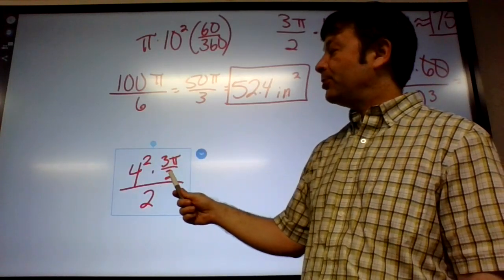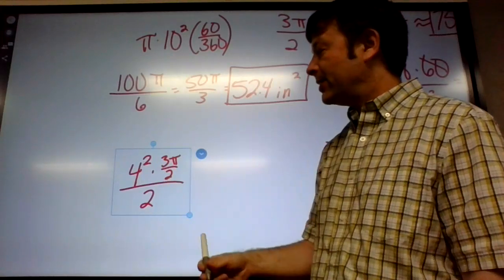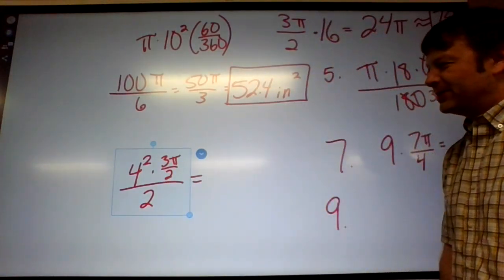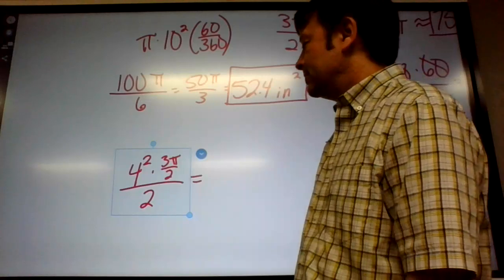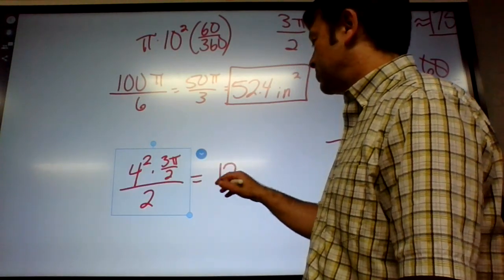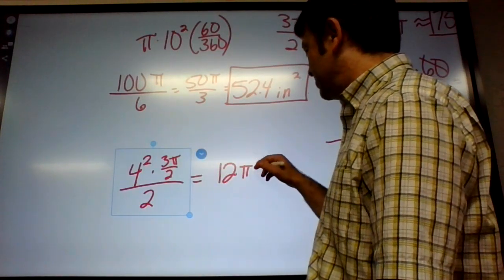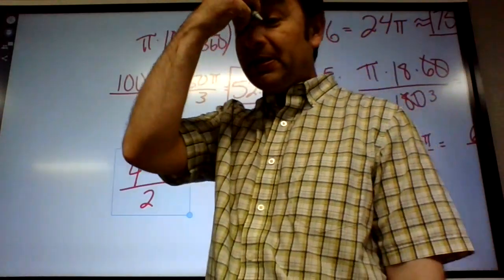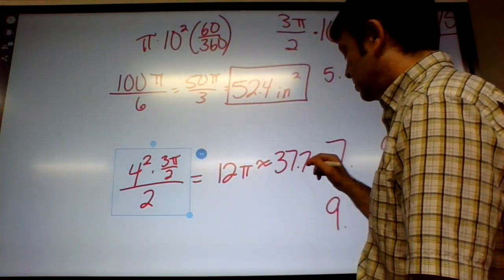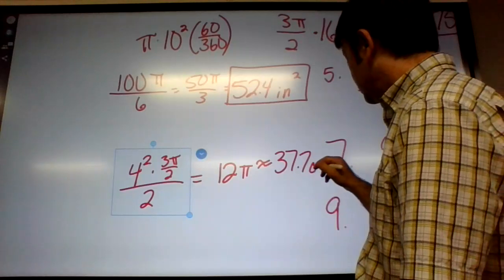Three over 2 is 1.5. You could call that 1.5 pi, but you don't have to. I'm just saying it would be easier. I think this is 12 pi, which comes out to 37.7 centimeters.